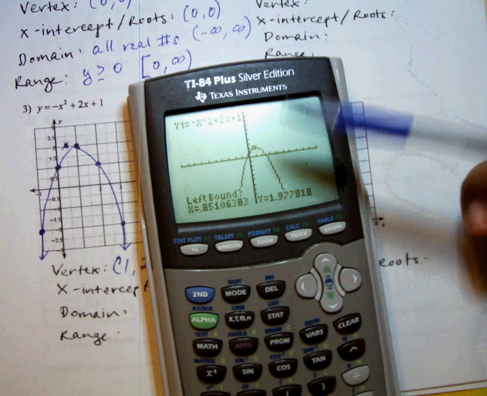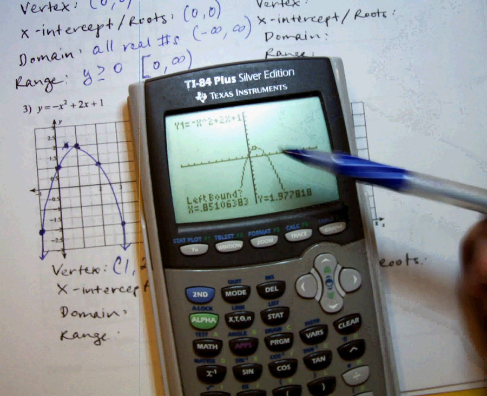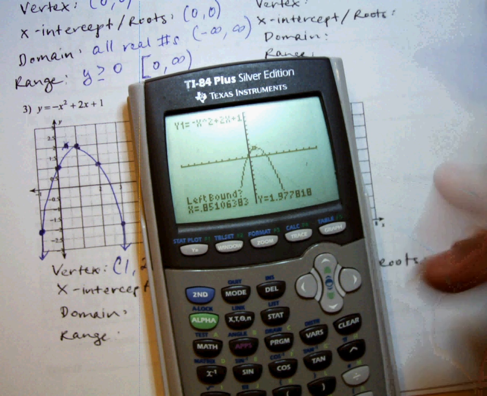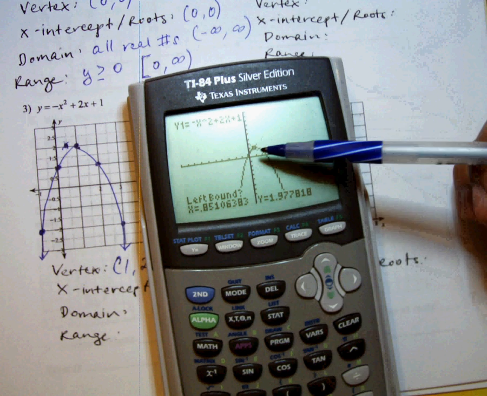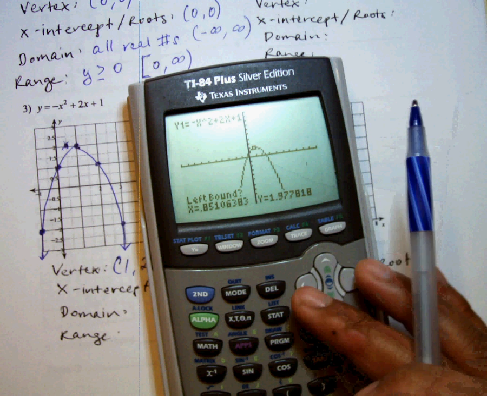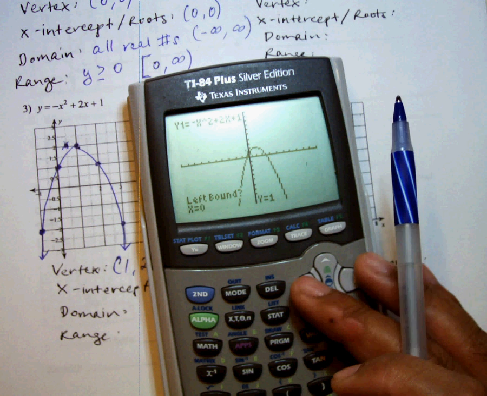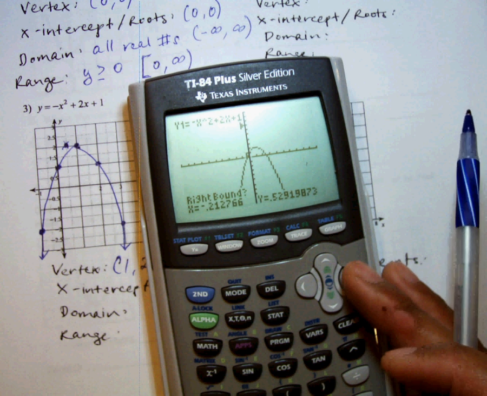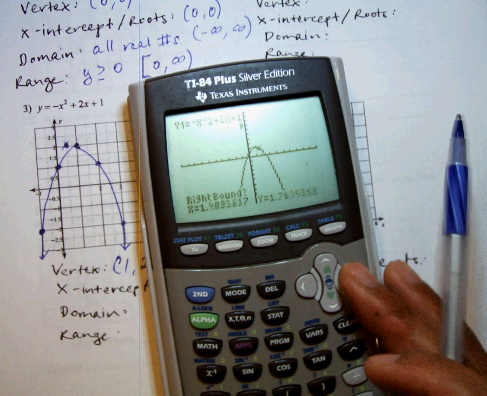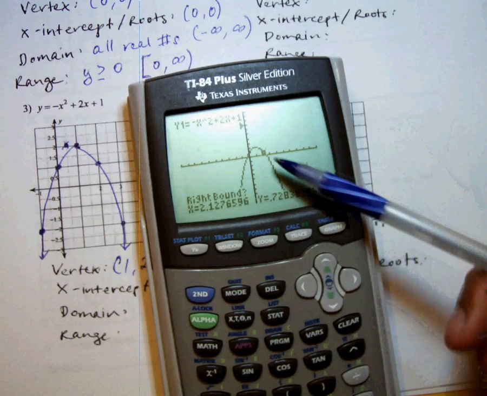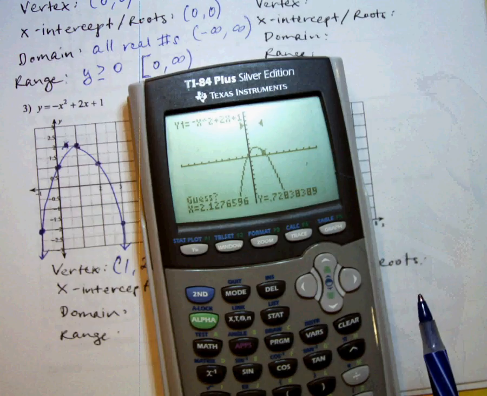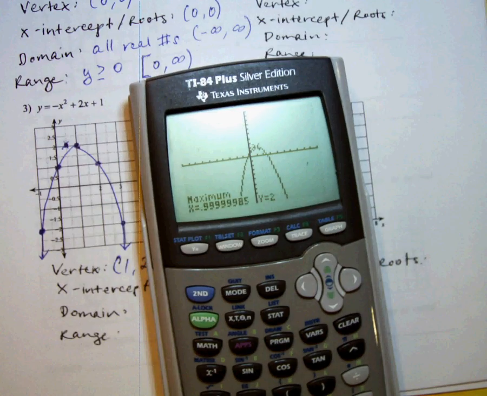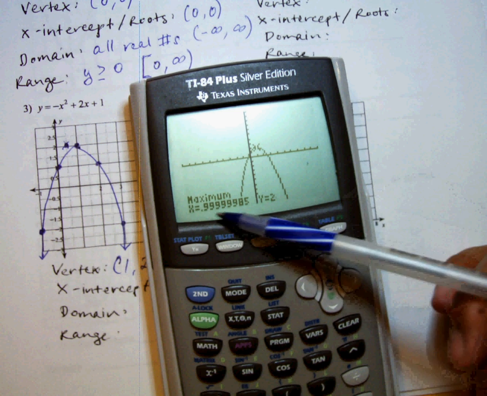And the left bound is going to be, if this is the vertex, whatever is the left side of this parabola, the left side of the vertex. So left bound is going to be here, and it doesn't matter where you put it. You press enter, and then you're going to go right down, put your cursor anywhere on the right-hand side, press enter, and then press enter again.